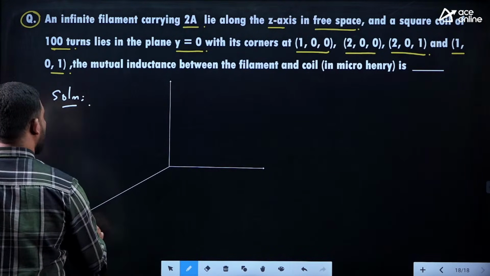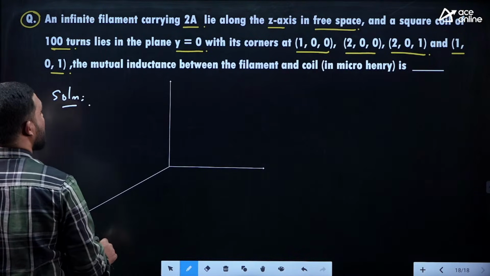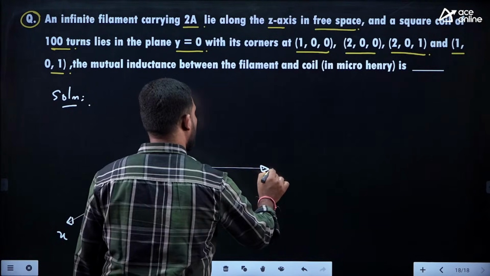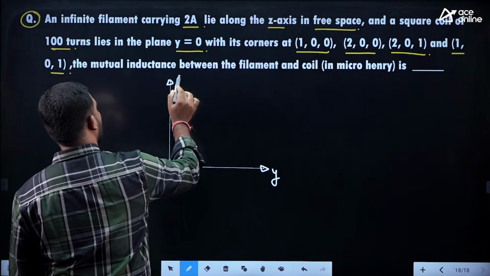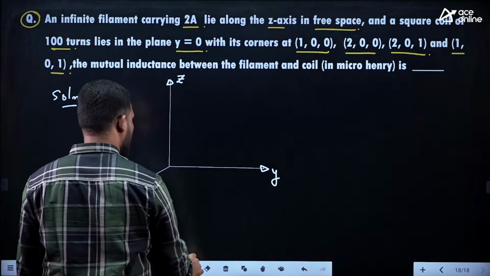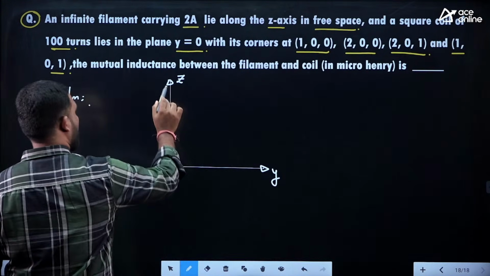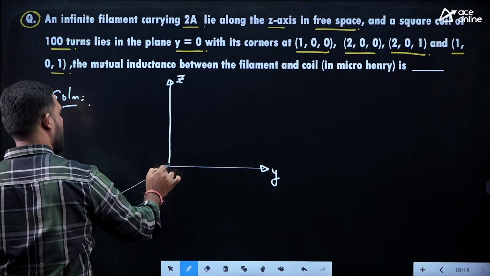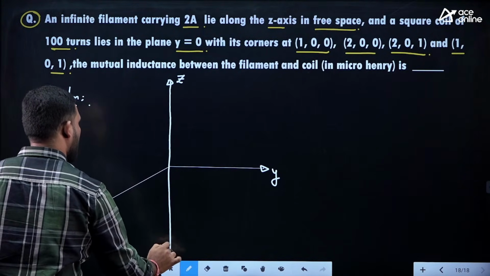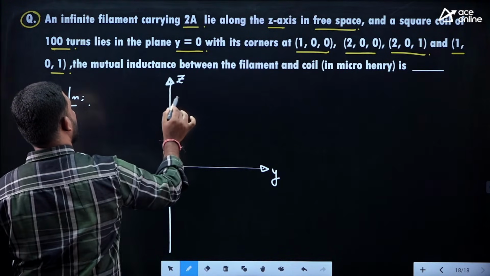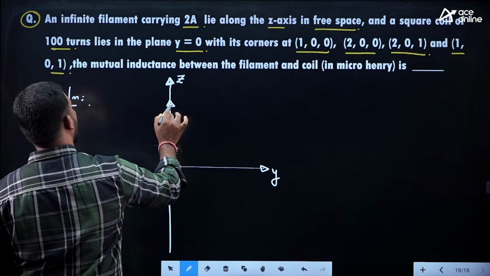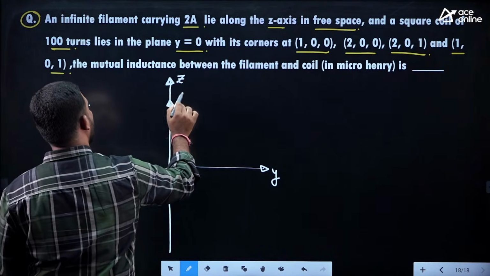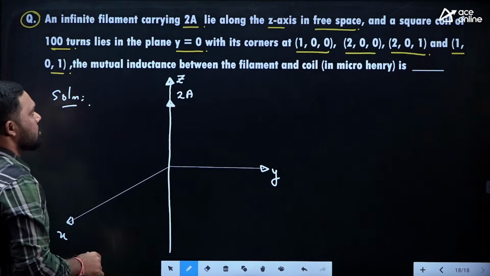So let me take this as a x, this is a y, this is a z. So the infinite line current is located here on the z axis. So the current is flowing along the positive z direction; if nothing is mentioned, you have to take it as the positive z direction.